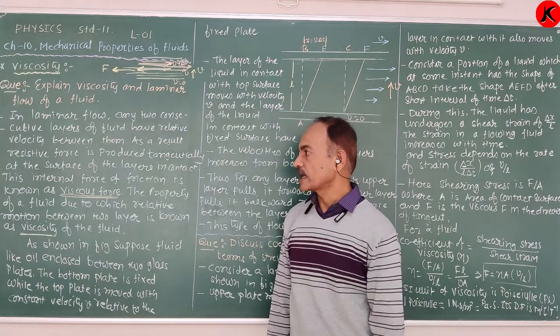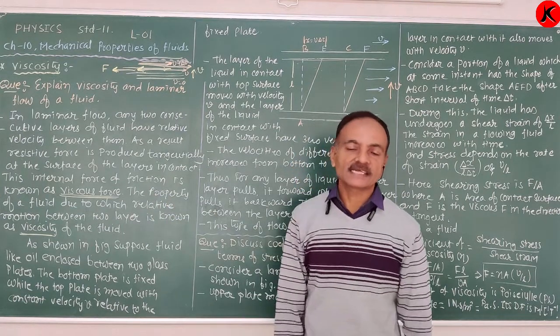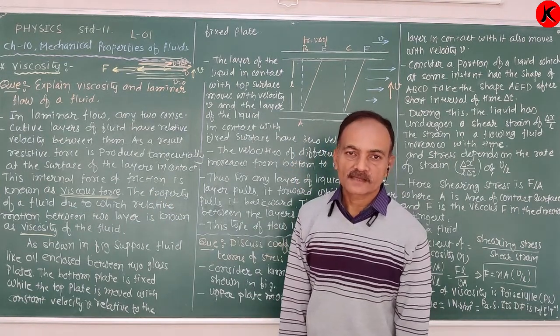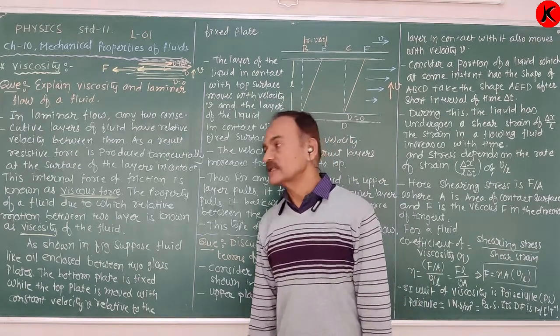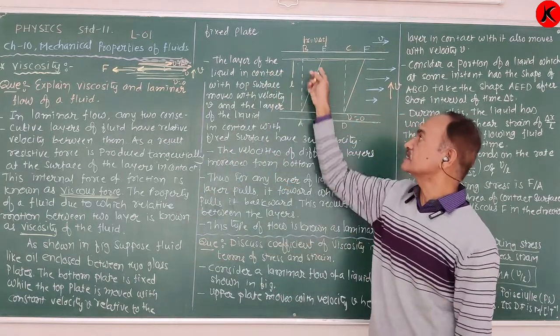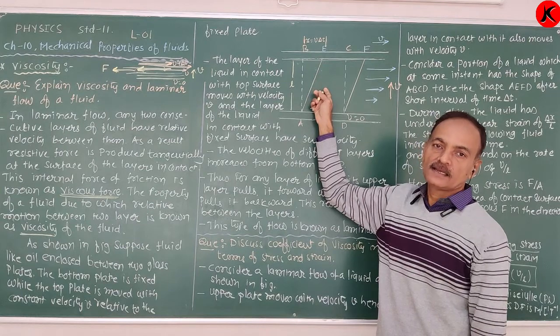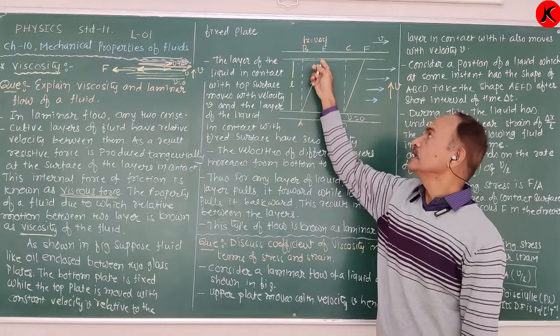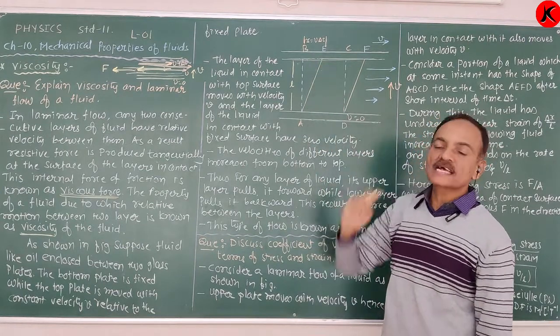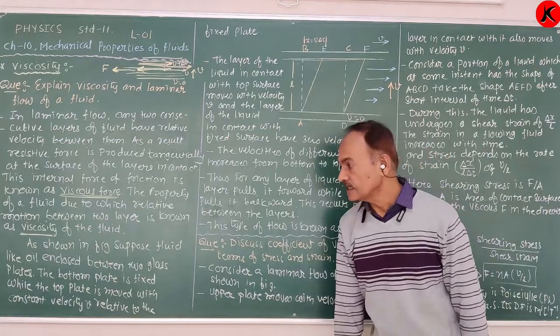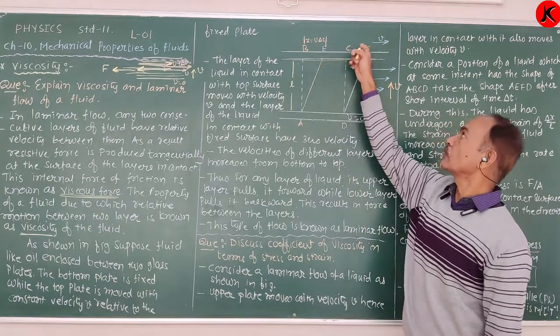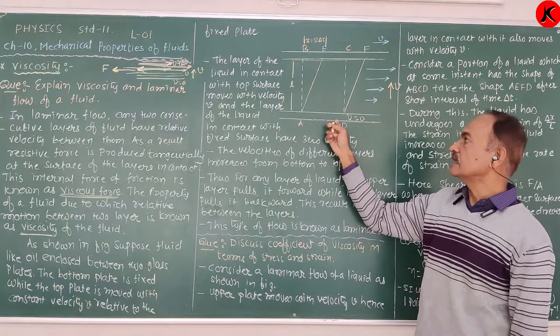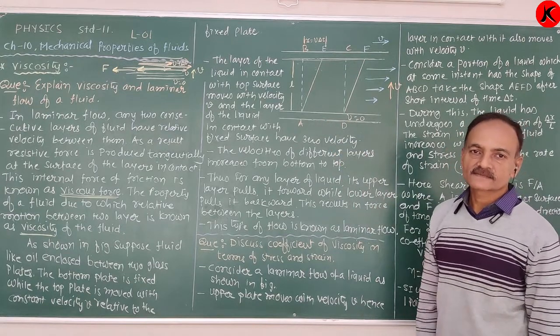Right? Okay. So there is the viscous force and there is the viscosity. How do we explain it? For that purpose, as shown in the figure, consider a fluid like oil enclosed between two glass plates. The upper plate is moving with a constant velocity v, while the bottom plate is fixed.